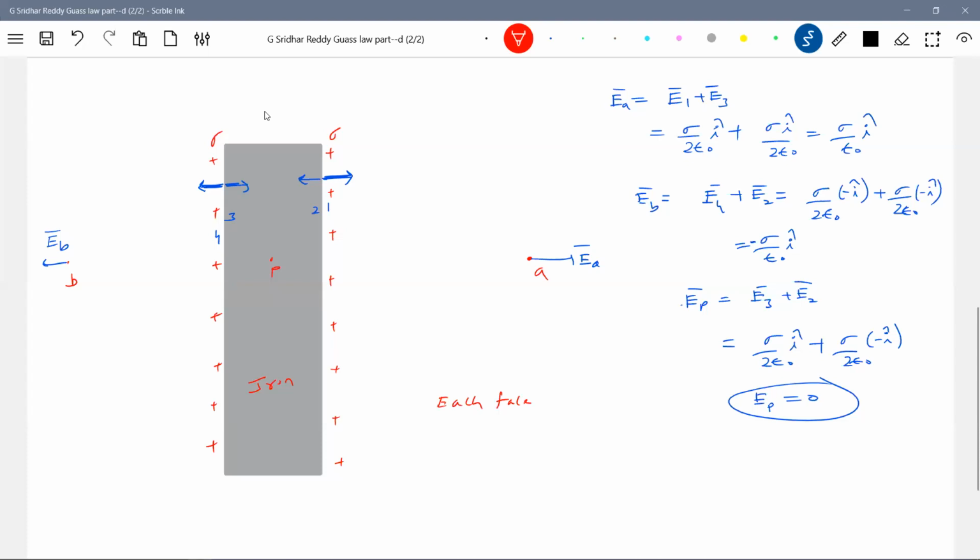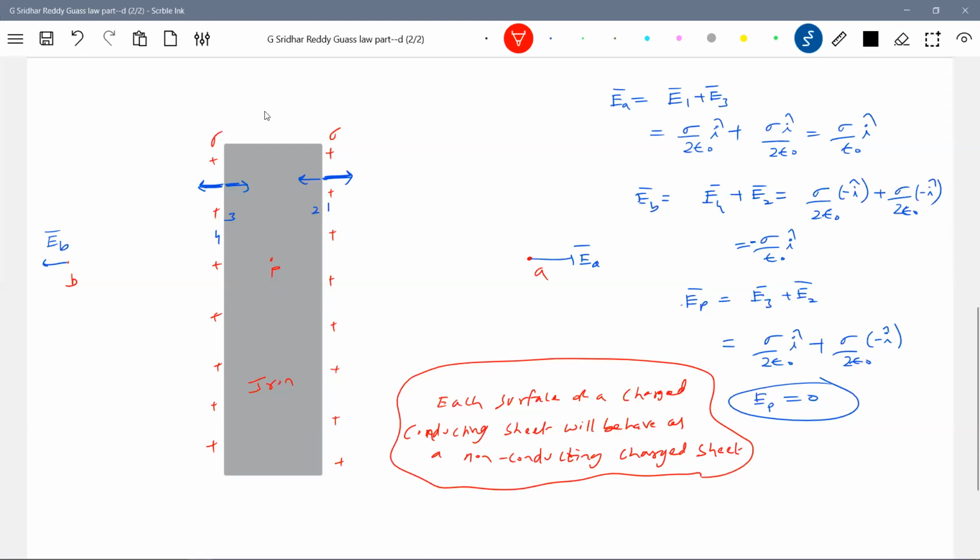Each face or surface of a charged conducting sheet will behave as a non-conducting charge sheet.